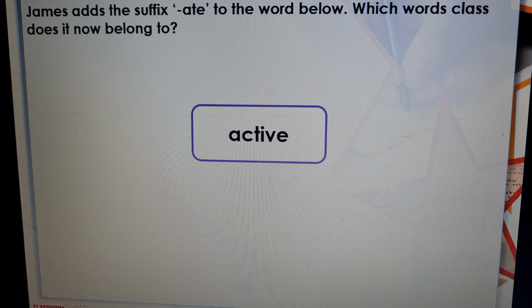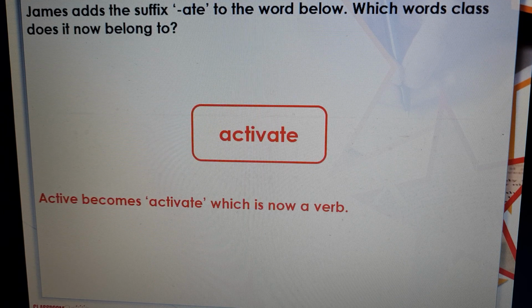Okay, if you've thought carefully about that, you should have it becomes a verb. Okay, active is a name, it's a noun. And when you activate something, you have actually switched it on, started it, so it becomes a verb.